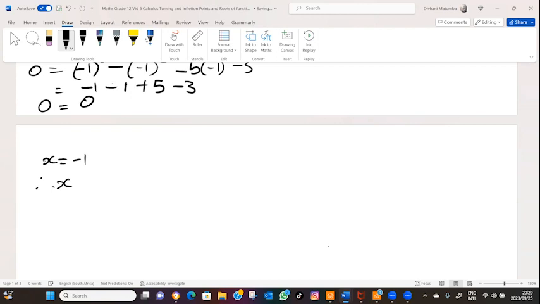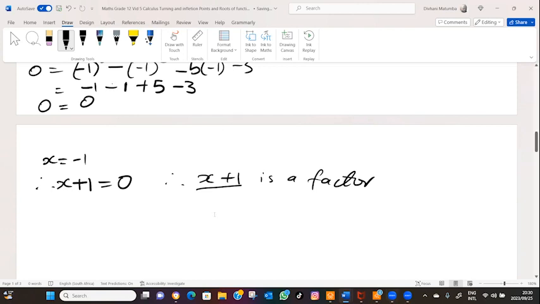Therefore, if we take minus 1 to the other side, x plus 1 equals 0. Therefore, x plus 1 is a factor. All right, we already have the root.